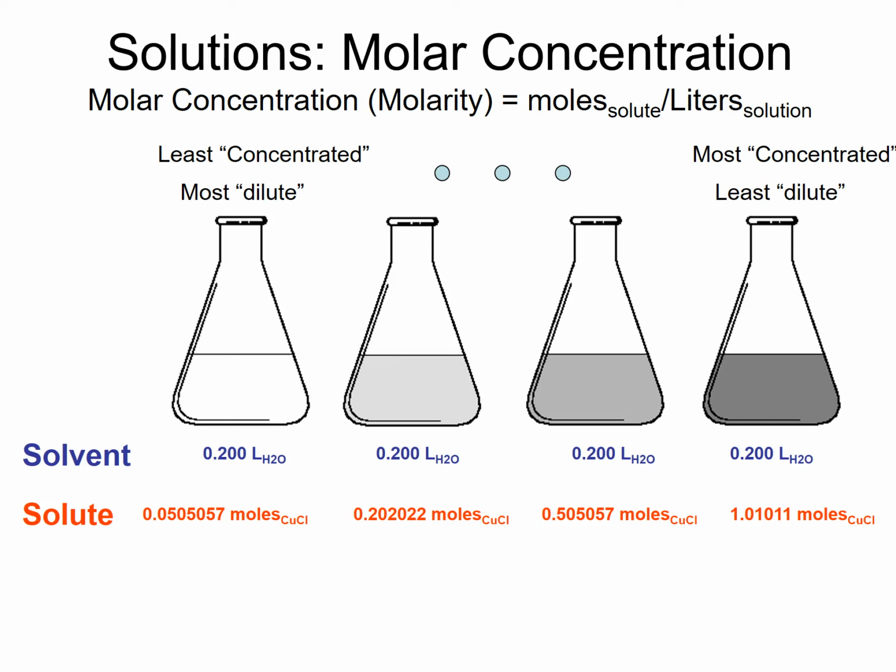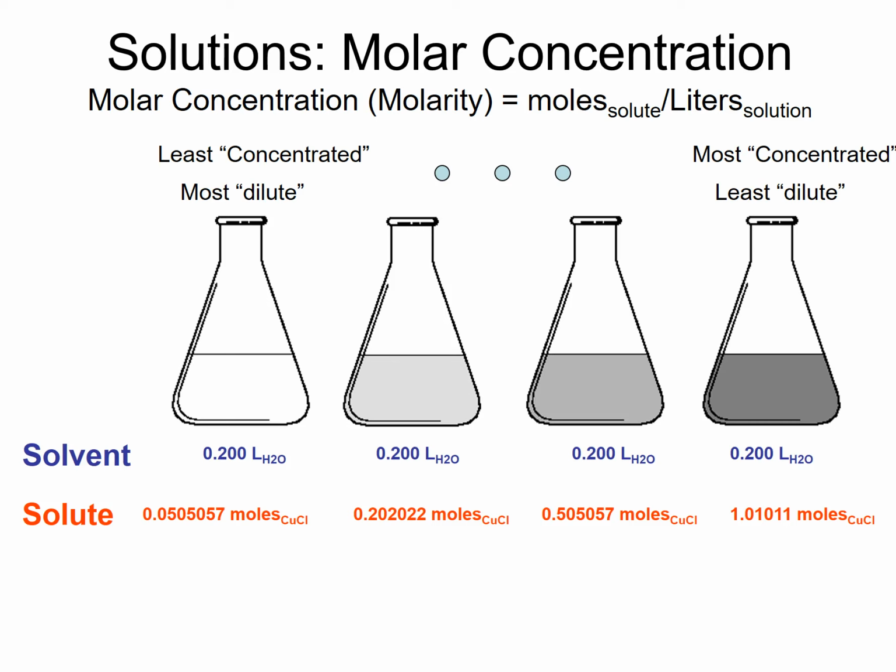Be aware that in many real examples, the volume of the water may be somewhat less than the volume of the solution. You might think that makes sense because after all we're dumping in more copper chloride, and shouldn't that take up some space, and shouldn't the volume of the solution be somewhat larger than the volume of the water? Well, that's true.